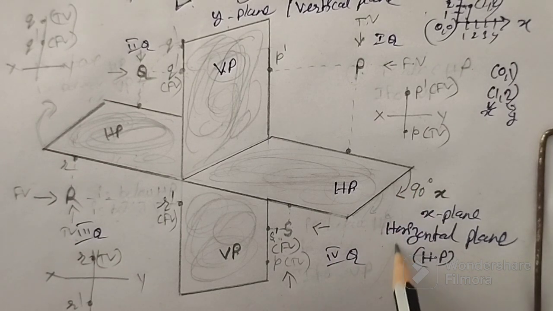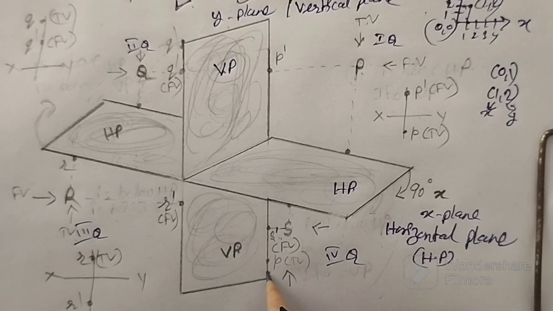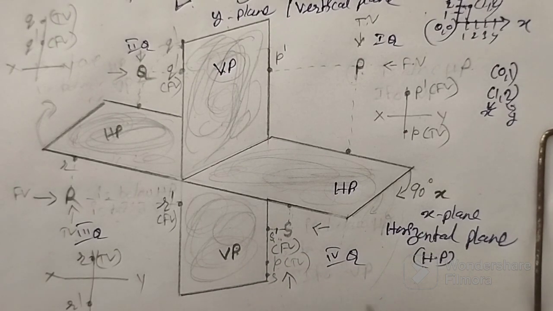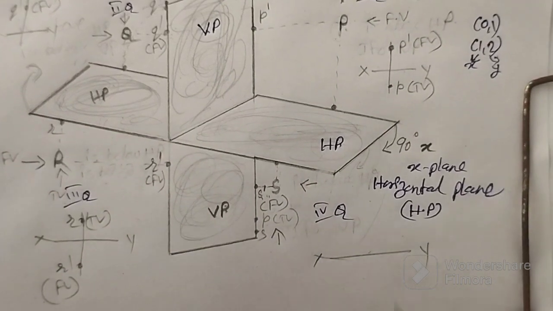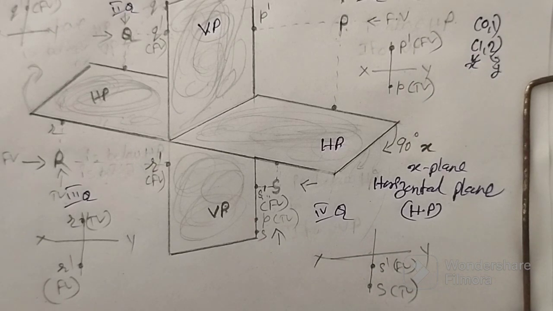So when you rotate, this S will fall somewhere here. So in fourth quadrant, if this is my XY, the front view and top view both lie below XY. So please understand the concept.